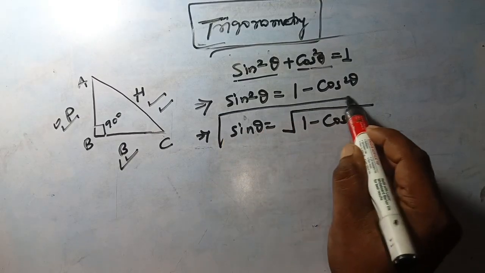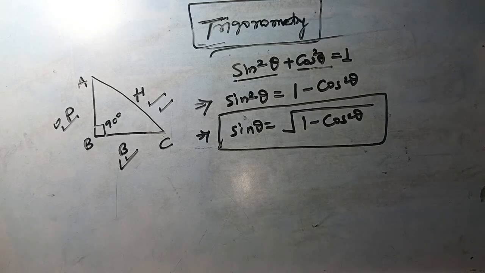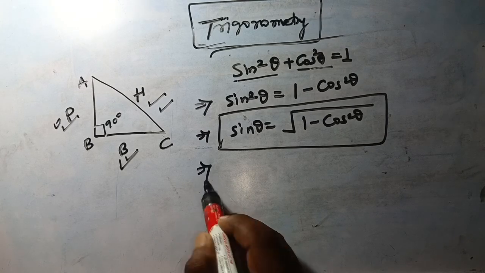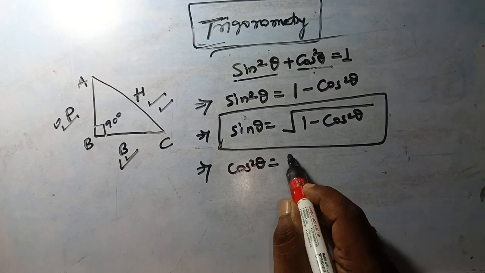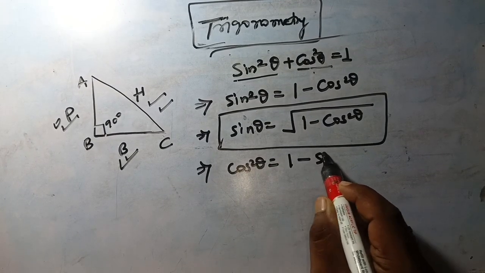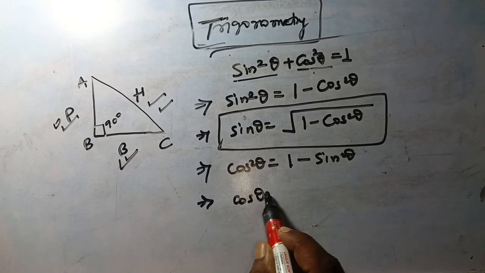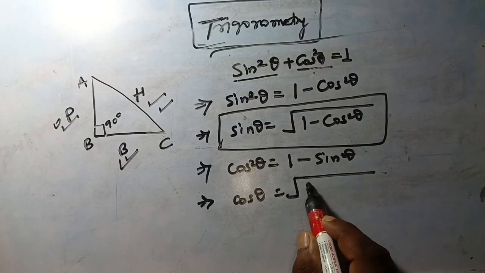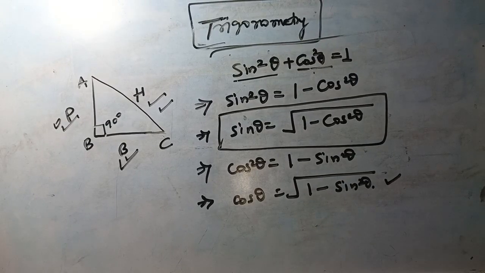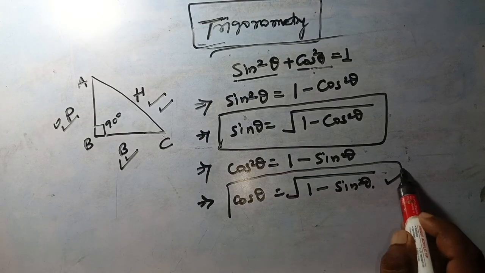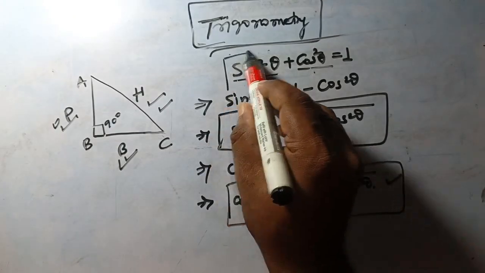Similarly, cos square theta is 1 minus sine square theta, and cos theta is equal to root under 1 minus sine square theta. So we get the value of sine theta and cos theta from this formula.